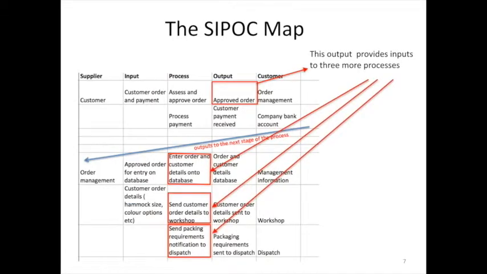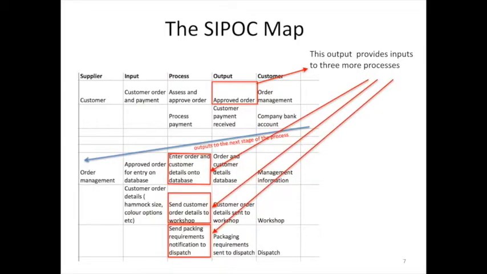A SIPOC Map, standing for Supplier, Input, Process, Output, Customer, is a simple way of summarizing process operation. So in this example, the process of accepting a customer order produces the two outputs of the approved order and the received customer payment.